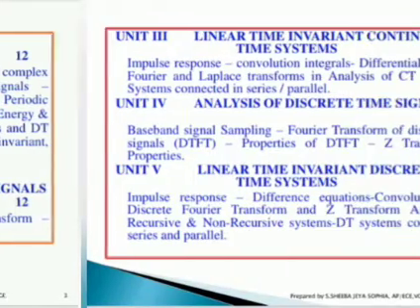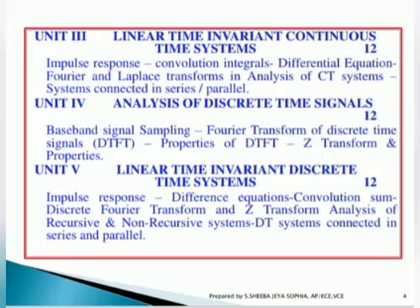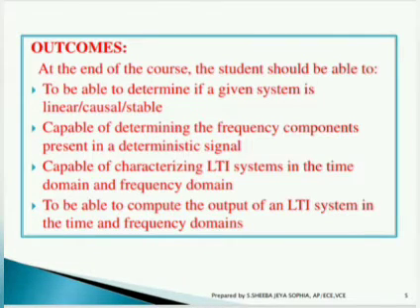In Unit 3 you will be learning about linear time invariant continuous time systems, and in Unit 4 analysis of discrete time signals will be discussed. Finally, in Unit 5 you will be learning about linear time invariant discrete time systems. Hope at the end of this subject, definitely you will learn a lot about the role of signals and systems in our technological world.